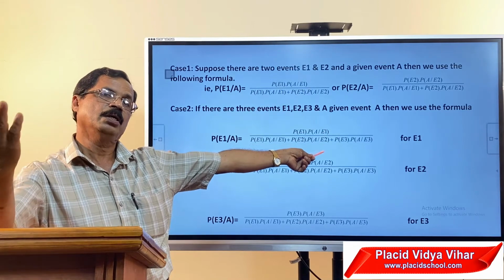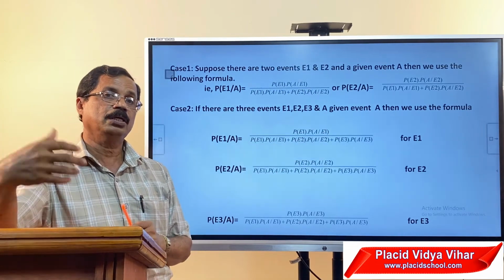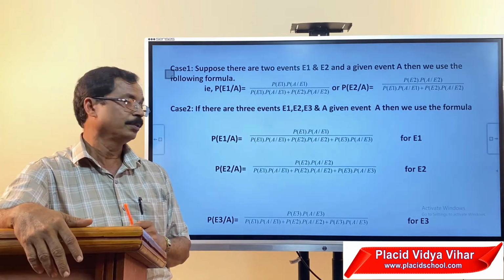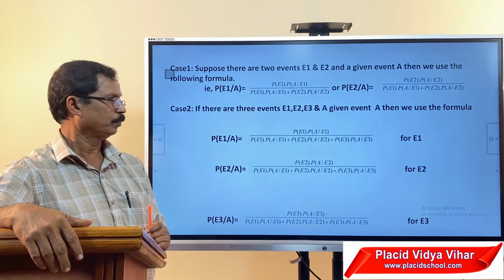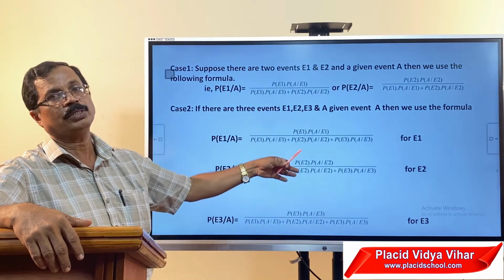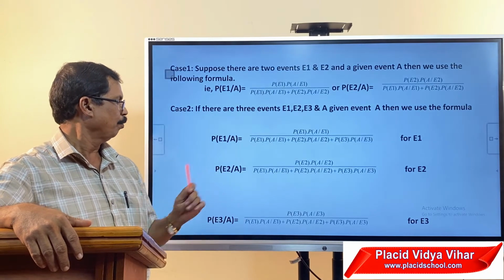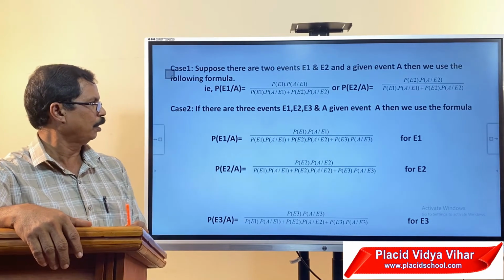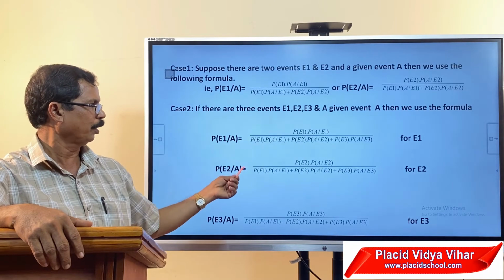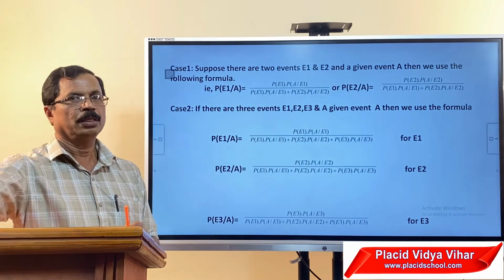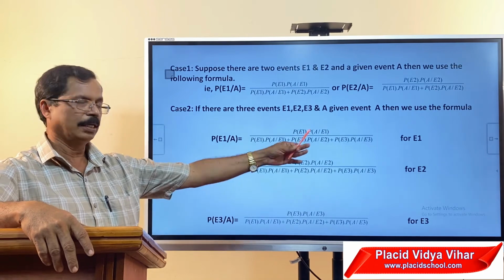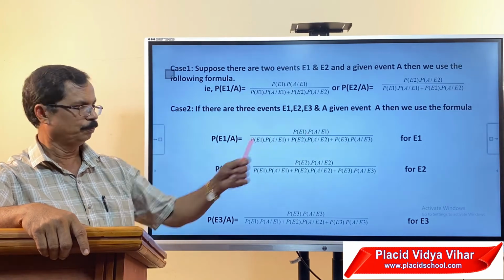And suppose the question is, what is the probability that it comes from the second bag? Then you have to use this formula. See, the numerator alone changes. All the denominators are the same. P of E2 given A is equal to P of E2 into P of A given E2, and you avoid sigma and write all the 3 terms for the denominator.